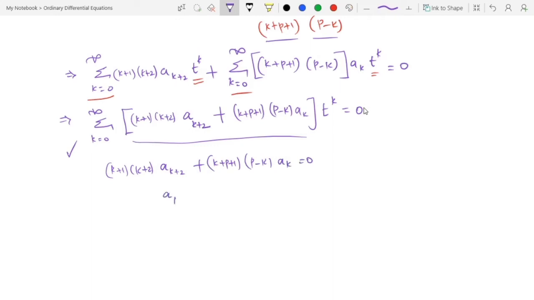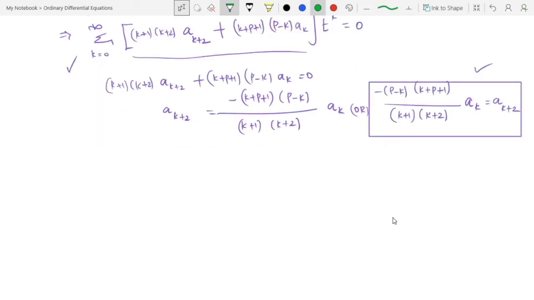So now write a_{k+2} from this. Bring to that side: a_{k+2} = -(k+p+1)(p-k) divided by (k+1)(k+2) of a_k, for k varies from 0 to infinity. So k starts from 0, 1, 2, 3 and so on.